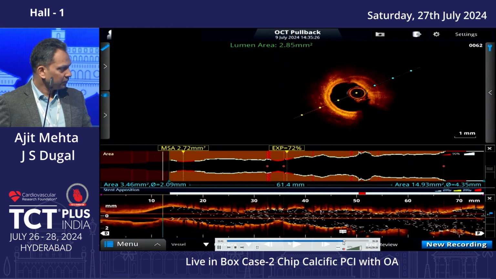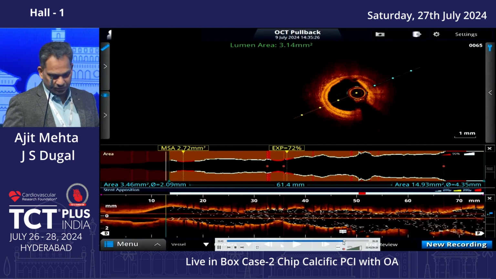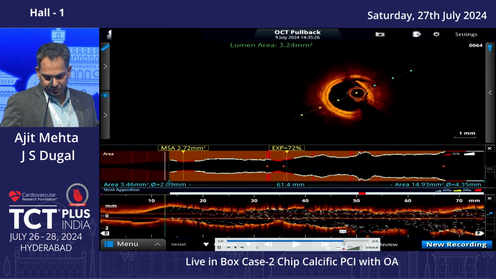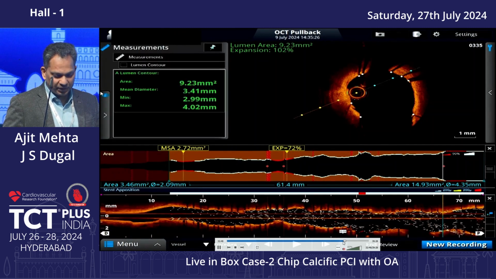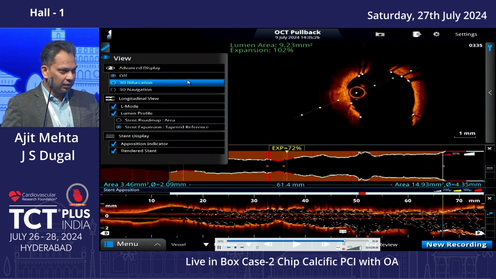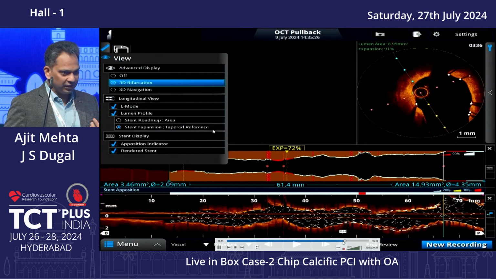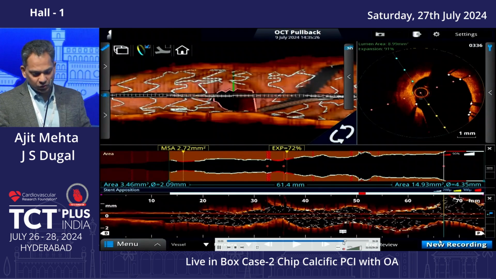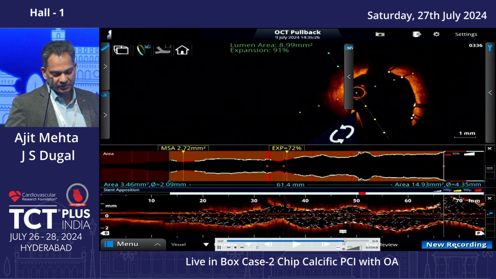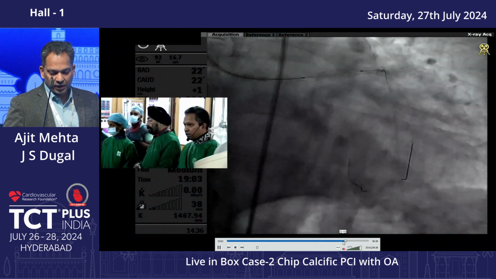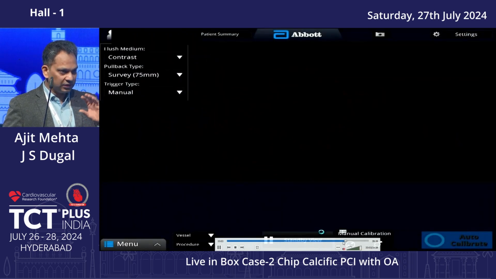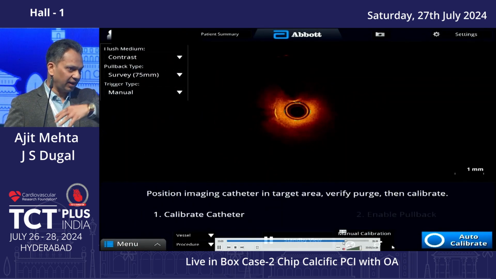There is a small dissection in this study, and this is a hematoma, but I think it's borderline. We realized that it was a small dissection, but it was less than a quadrant and less than 1.5 millimeters, so we left it alone. So this is the ostium of the side branch, no struts across the side branch ostium. There was some malapposition where the LAD trifurcates.